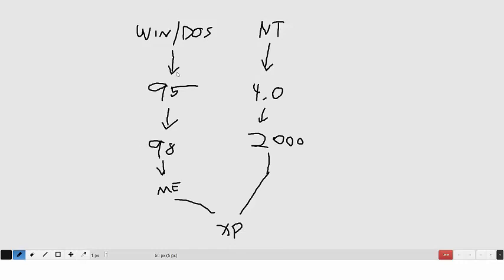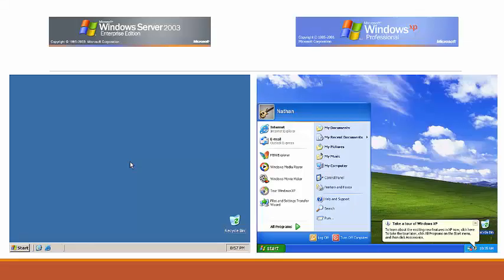Everybody went to the NT kernel for home use and business use, and it became known as Windows XP. It's still out there. I mean, it hasn't been supported now for a few years, but as of this recording, it still makes up like 15% of the operating systems on the planet, right? XP is a very, very common, very highly adopted operating system.